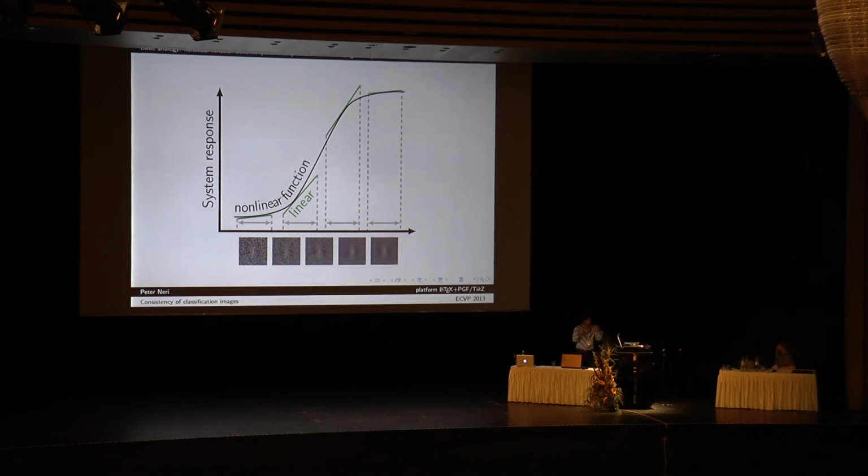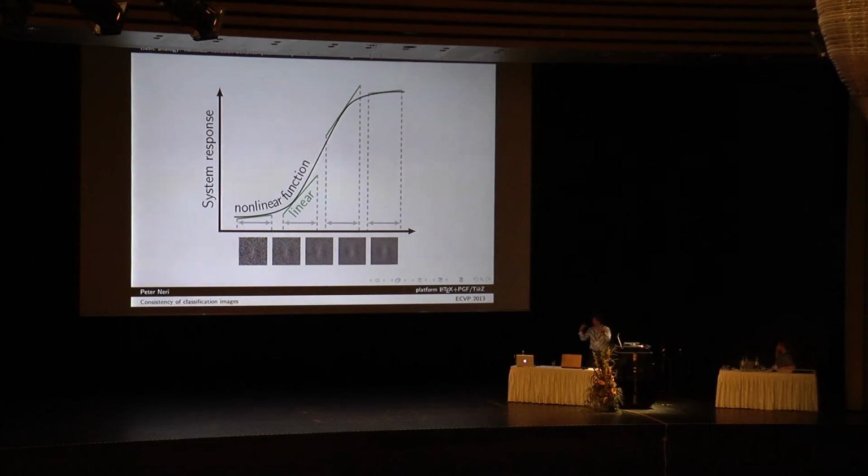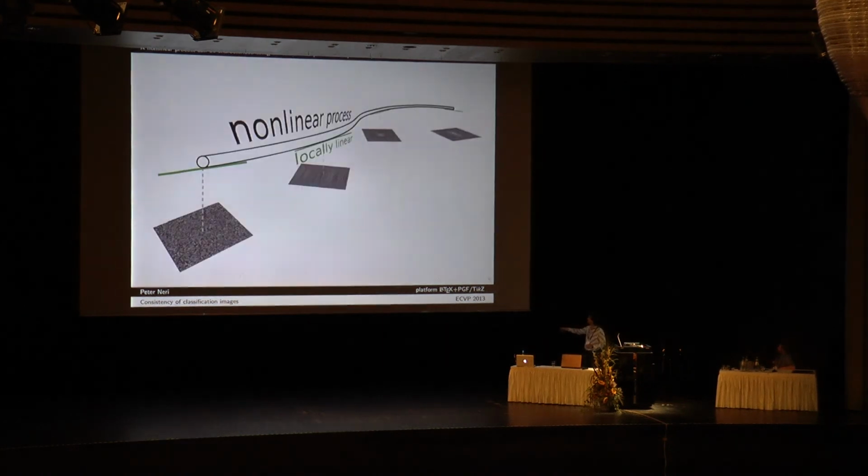So now what I'm going to ask you to do is make a step up in abstraction and imagine that this x-axis is not just noise intensity, but it becomes noise type. So that as you move along this axis, you're basically using different kinds of noise. Your system is nonlinear across this input dimension, but when you probe it locally here, it will look linear.